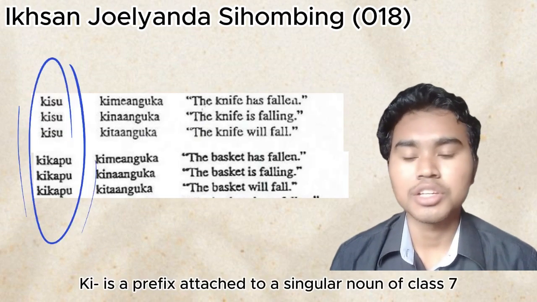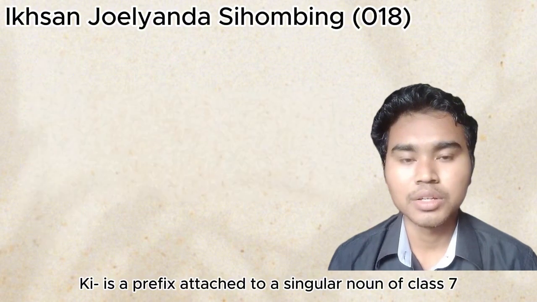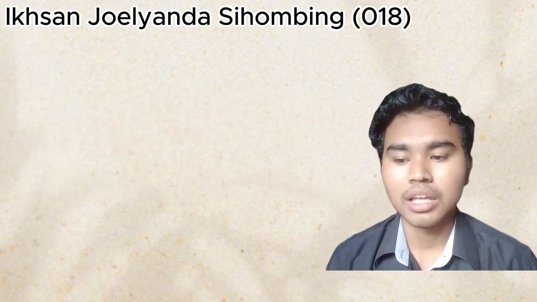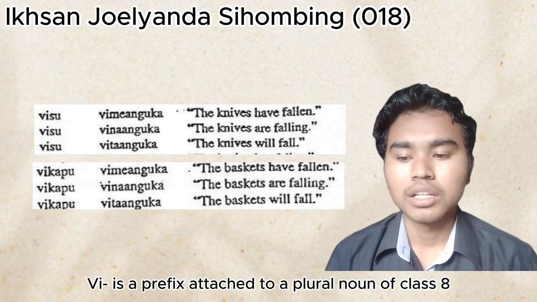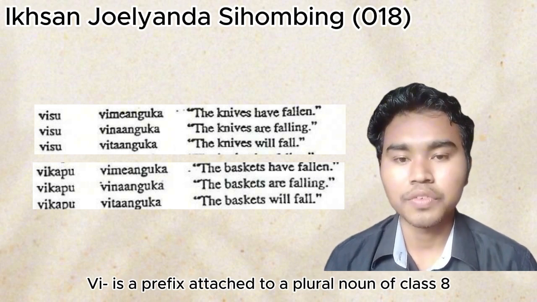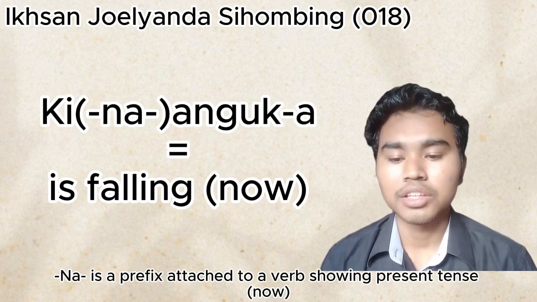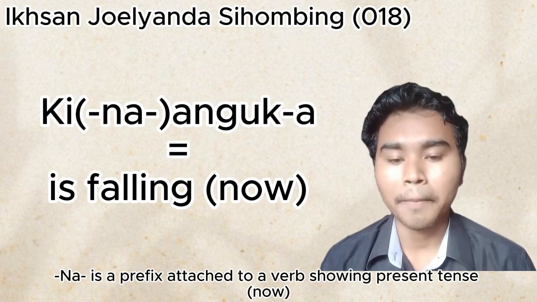Ki is a prefix attached to a singular noun of class 7 for various things. Vi is a prefix attached to a plural noun of class 8. Na is a prefix attached to a verb showing present tense.